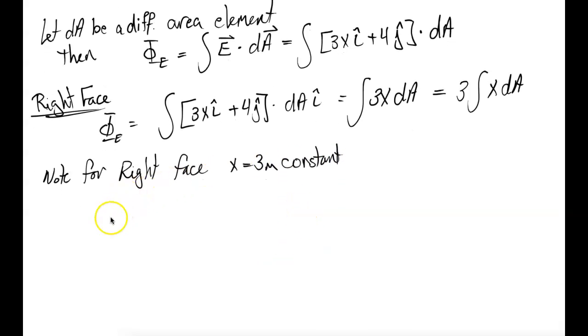So this means that phi sub E then is going to be the integral. If x is 3, I can move this out and it becomes 9 dA. And if I integrate the differential element of area, I'm going to get 9A, right?